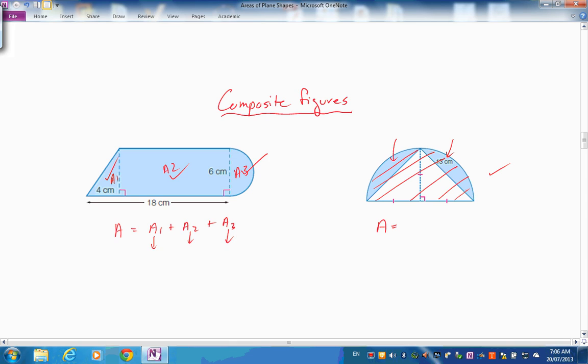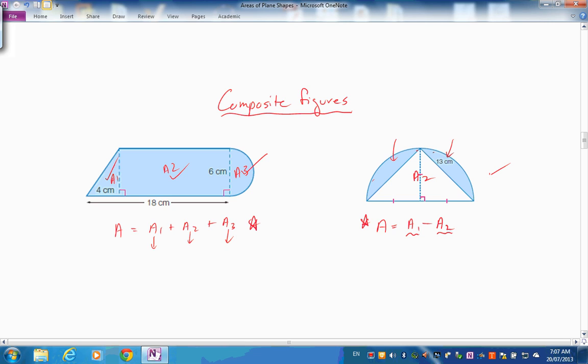So let's call this A1, the big area, and I'm going to take away the triangle, call that A2. So you can do it by difference. Got to be a little bit tricky here. What is easier, to take away from a known area another known area, or to build by the sum of known areas?